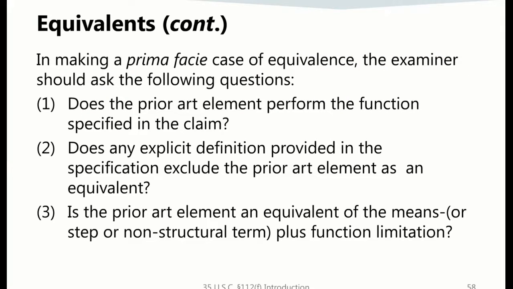If the answers to these questions are yes, the prior art element performs the function specified in the claim, and no, the spec does not provide any explicit definition that excludes the prior art element as an equivalent, and yes, the prior art element is an equivalent of the system for zooming limitation, then a prima facie case of equivalence has been shown. The examiner should provide an explanation and rationale in the office action as to why the prior art element is an equivalent. Factors that will support such a conclusion are discussed in MPEP 2183 and on the next slide.